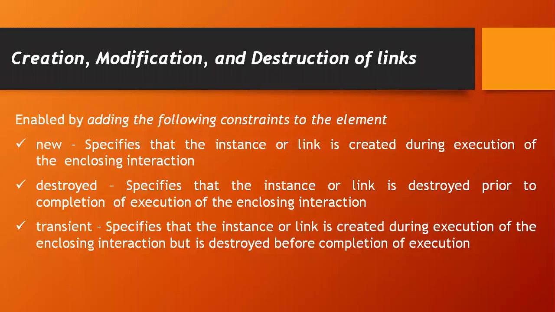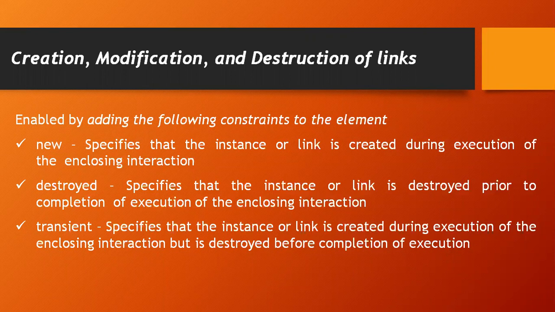Now, creation, modification and destruction of links are enabled by adding the following constraints to the elements: new, destroyed, and transient. New specifies that the instance or the link is created during the execution of the enclosing interaction.